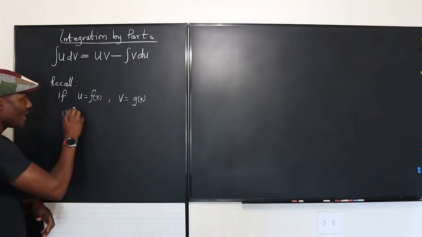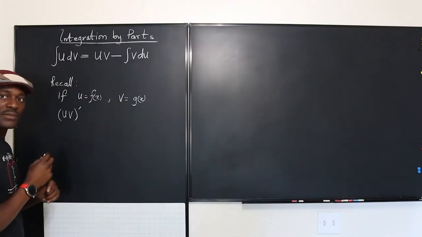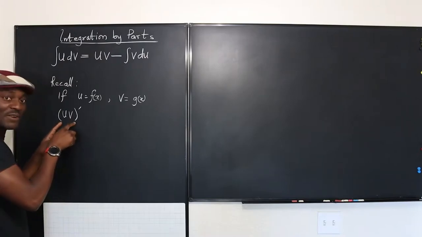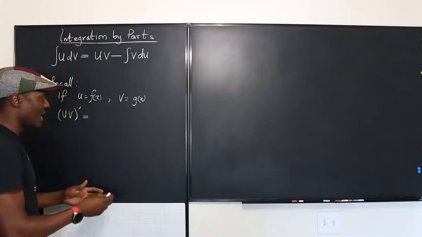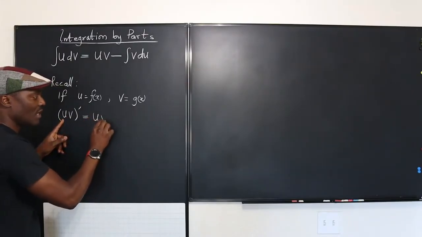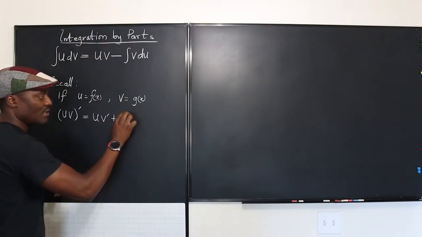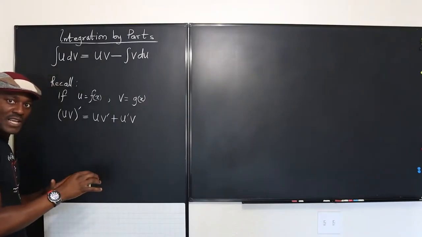If you try to take the derivative of this function, do you remember what you're going to get? Well, the derivative of this product, from the product rule in differentiation, is keep the first, differentiate the second, plus differentiate the first, keep the second. I'm sure this is very plain, very easy.